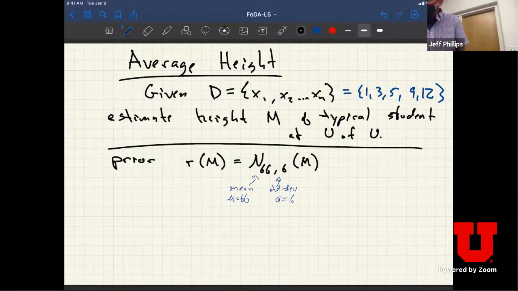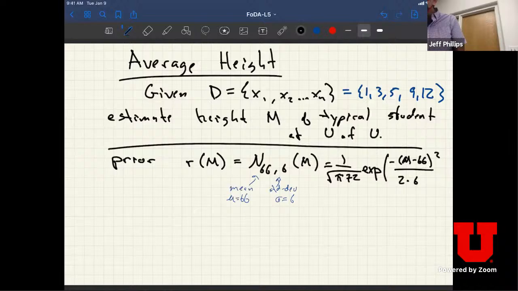If I write this out, there's going to be a one over the square root of 72 pi, which is a normalizing factor, times e to the power minus the model m minus 66, squared, divided by 2 times 6 squared.